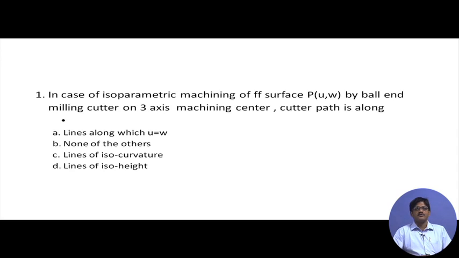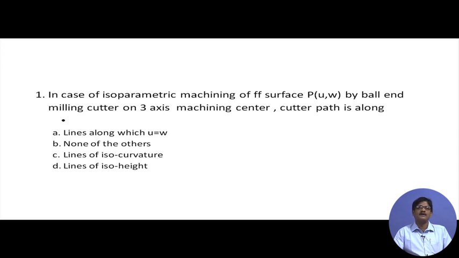In case of isoparametric machining of free form, FF means free form surface, PUW by ball end milling cutter on a 3-axis machining center. So, this is isoparametric machining. Cutter path is along lines along which U is equal to W. None of the others. Lines of iso curvature and lines of iso height, none of these are correct.